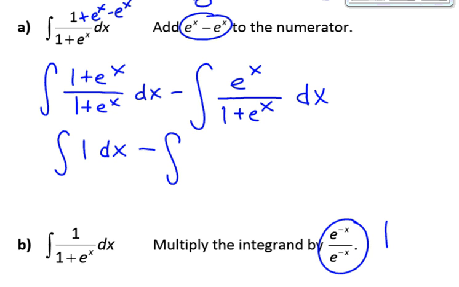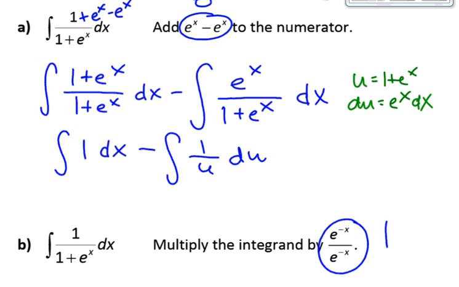And now over here, you see that I have what I originally had with my u as 1 plus e to the x. And now that works out for me. So that's going to be the integral of 1 over u du. So the integral of 1 dx is x minus natural log of 1 plus e to the x.